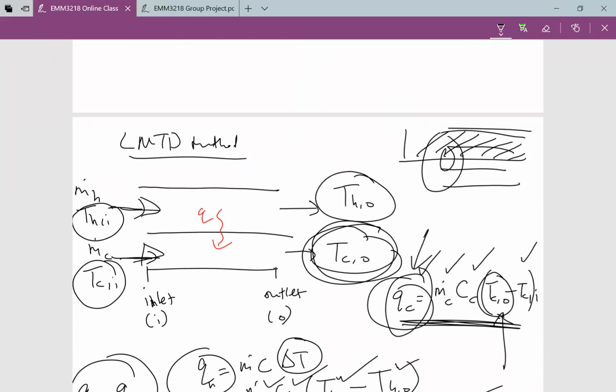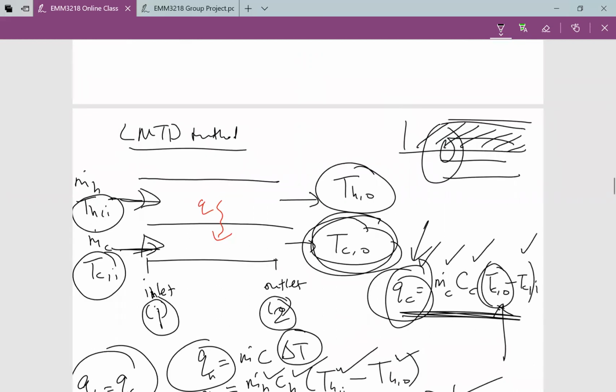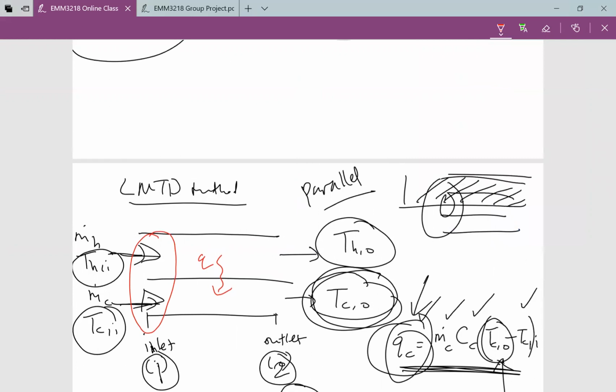Then what we mean by 1 and 2 is that inlet is 1, outlet is 2. So for parallel flow, where the direction is similar for both fluids, delta T1 is the temperature difference at the inlet, T hot inlet minus T cold inlet.